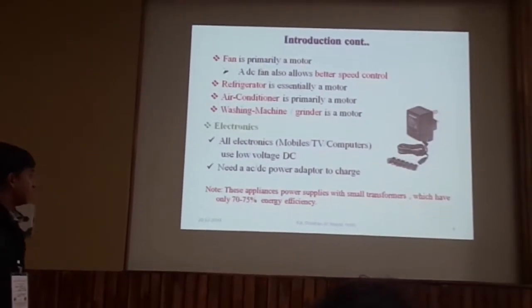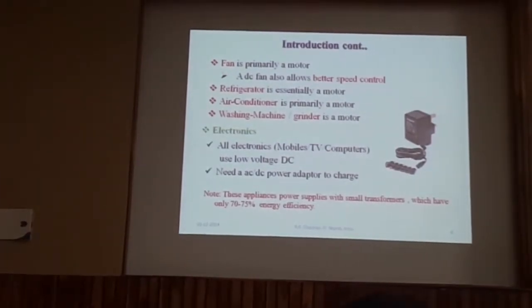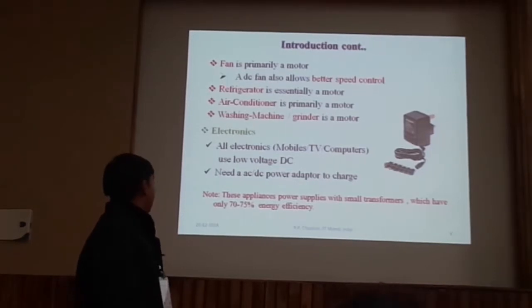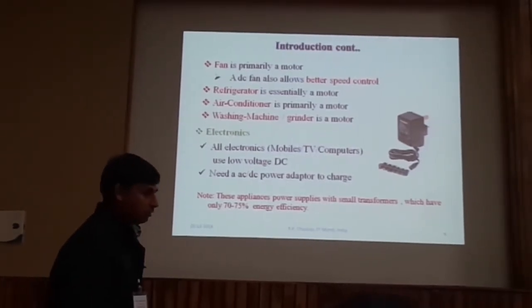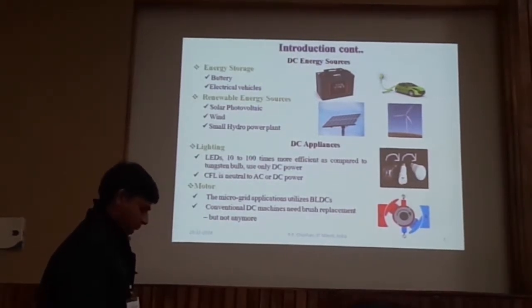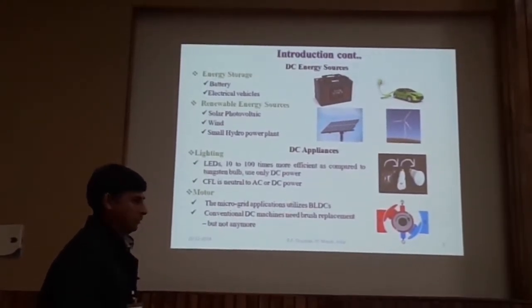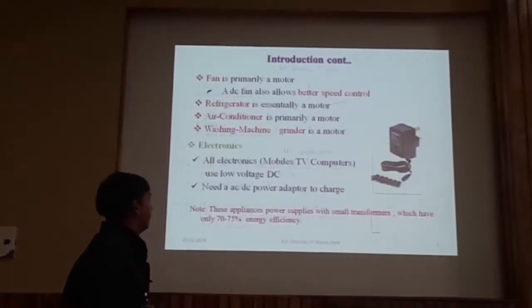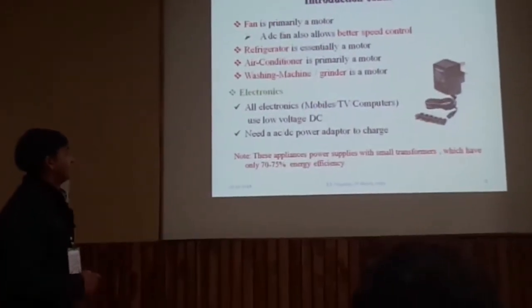Other appliances inside the buildings may be a fan. DC motors also give better speed control. Microgrid applications will apply to very normal appliances, and I am going to discuss the same. A fan is basically a motor, so we can use a DC motor here.